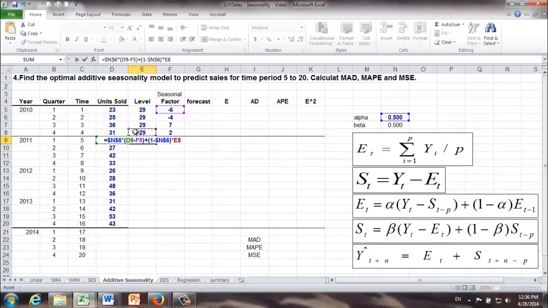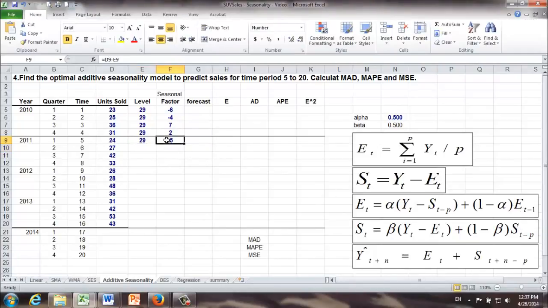And before I click enter, I want to remind you again, here we're calculating E5, so T is equal to 5. And E5 will be equal to alpha times what? Y5 minus S1. Because T is 5, P is 4, so T minus P is 1. And similarly, E sub T minus 1 will be nothing but E4 because T is 5. Enter.